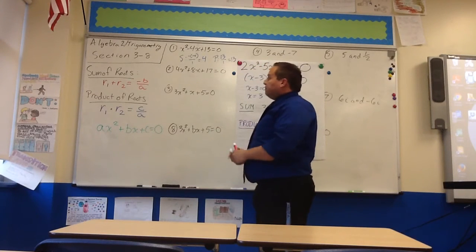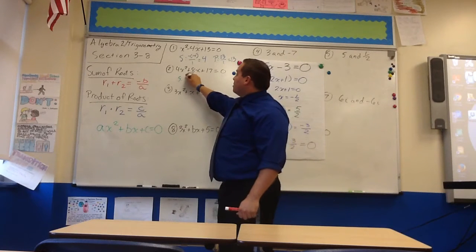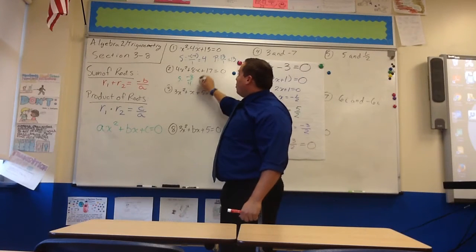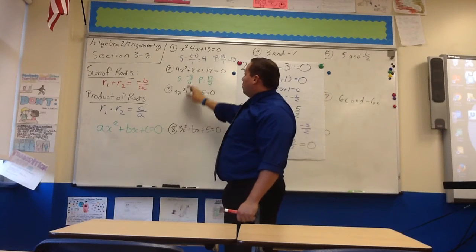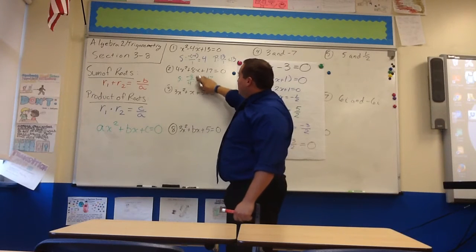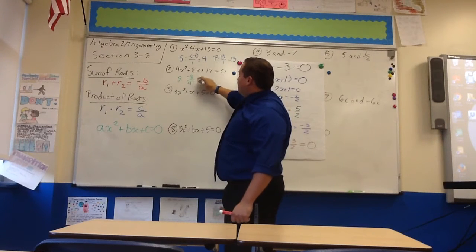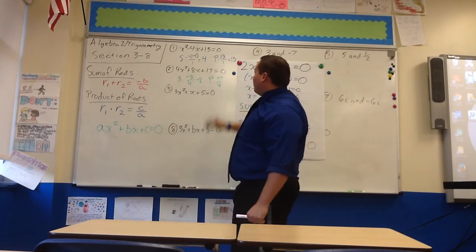Number 2, the sum would be the negation of 8, so negative 8 divided by 4. The product would be 17 divided by 4. This negative 8 over 4 would become negative 2. Sorry, let me fix that. Negative 2, and the product would be 17 over 4.